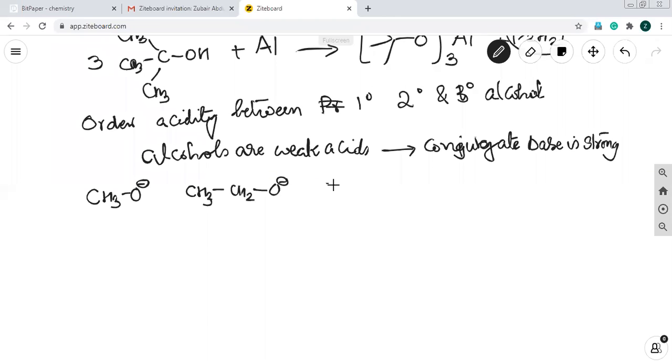And here is the conjugate base of isopropanol. And then you have the conjugate base of t-butanol.